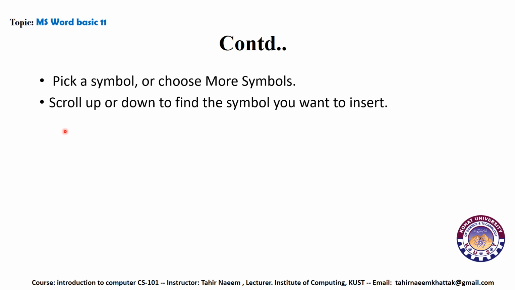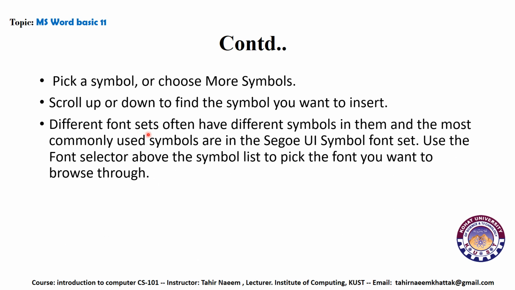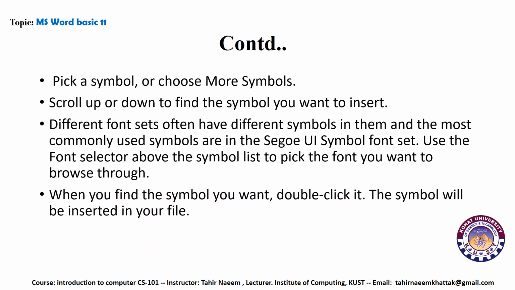Different font sets often have different symbols in them, and the most commonly used symbols are in the Segoe UI Symbol font set. Use the font selector above the symbol list to pick the font we want to browse through. When we find the symbol we want, we double click on it.